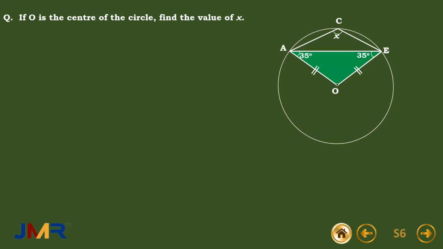Now, apply the angle sum property of the triangle OEA. How? Let us see. Angle OEA plus angle OAE plus angle AOE is equal to 180 degrees. 35 plus 35 plus angle AOE is equal to 180 degrees.